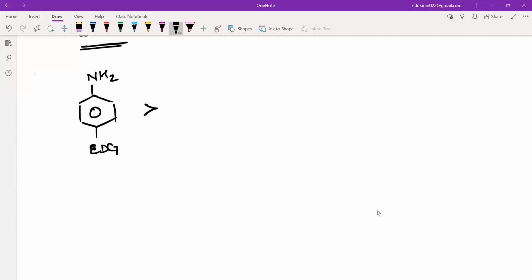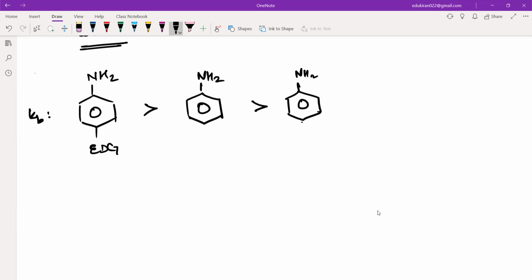The Kb will be highest, the basic nature. Right? This is for Kb. Followed by, if you have nothing, followed by electron withdrawing group. Okay, so this will be the order.